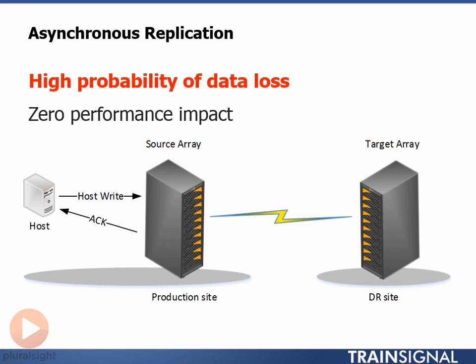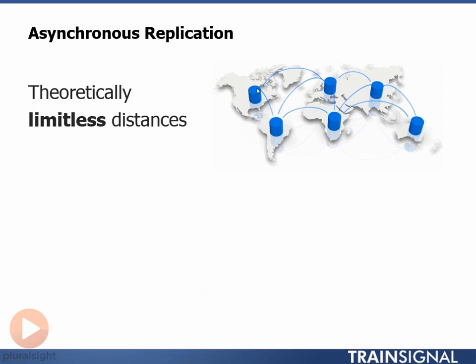Anyway, at a later point in time, and that delay could be seconds or minutes, our host write is eventually replicated to the remote target array and an ACK is duly returned. So, fundamentally different to synchronous replication. But as we mentioned with synchronous replication, large distances between the source and target arrays bring increasing performance penalties.